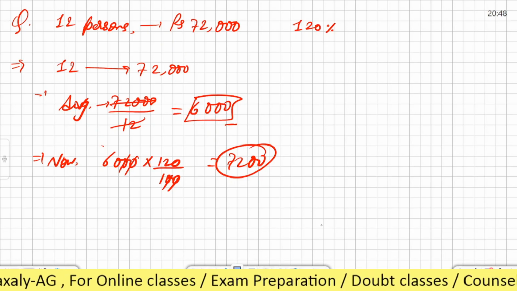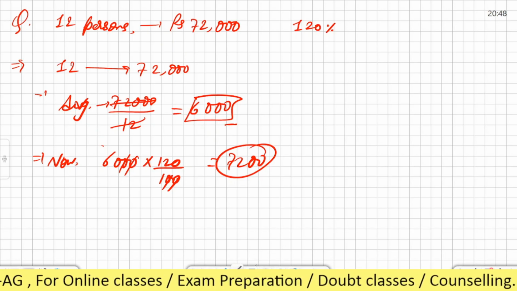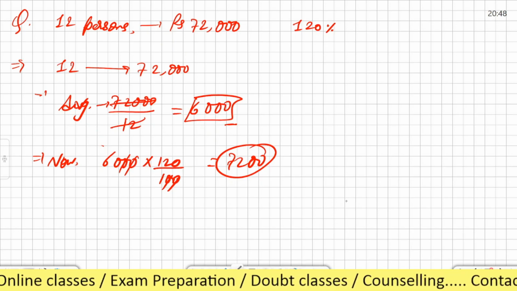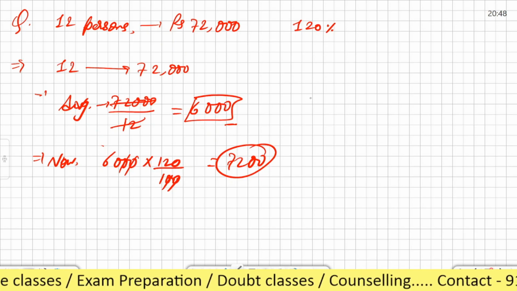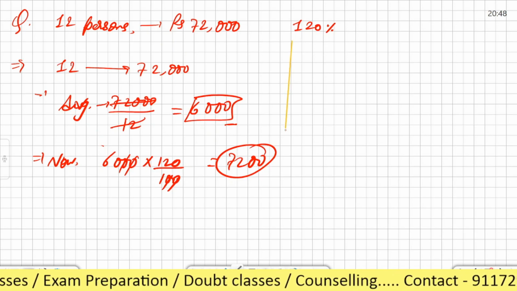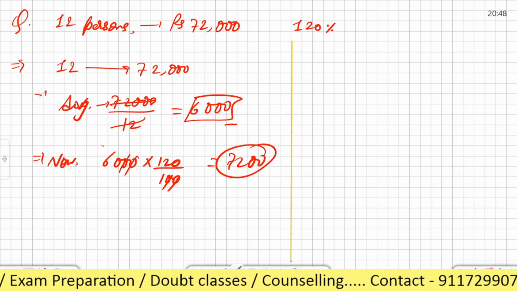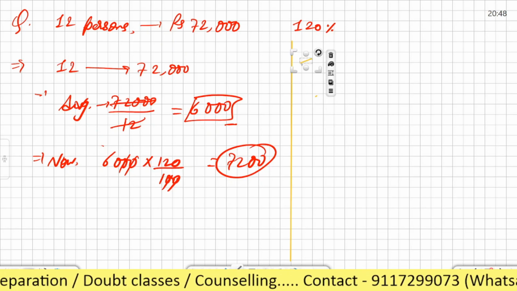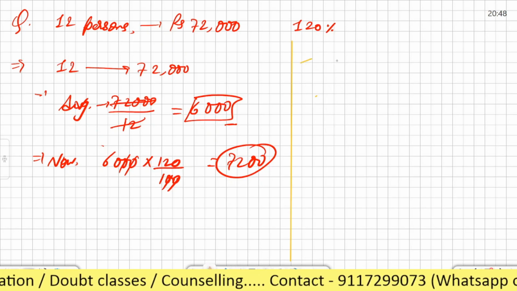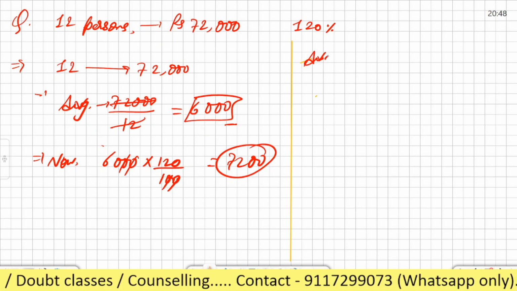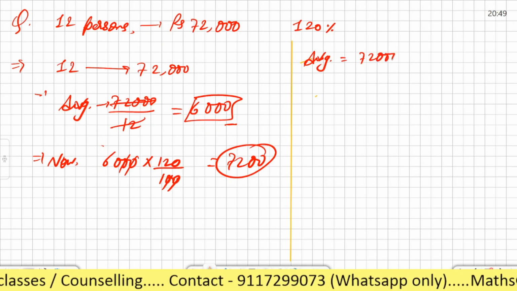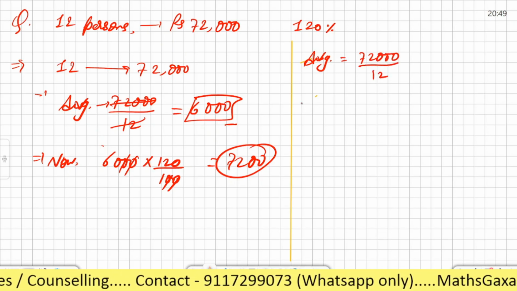Now let's see another method. Okay, how you will do it? See, the average income will be 72,000 divided by 12.